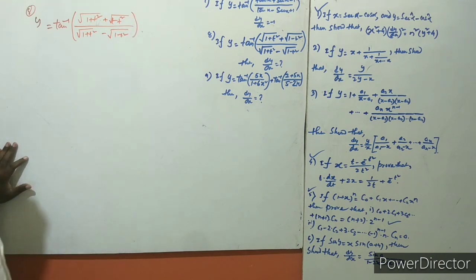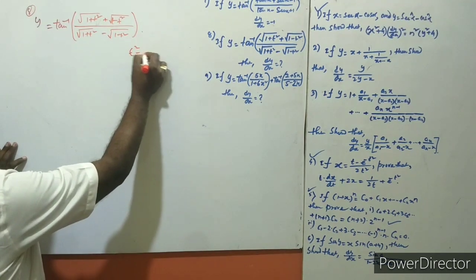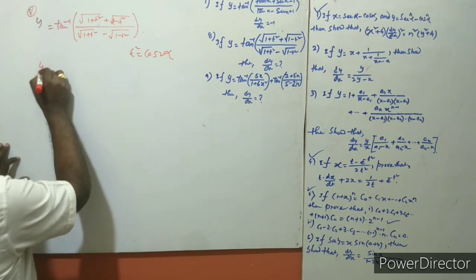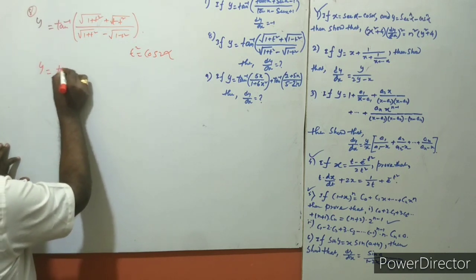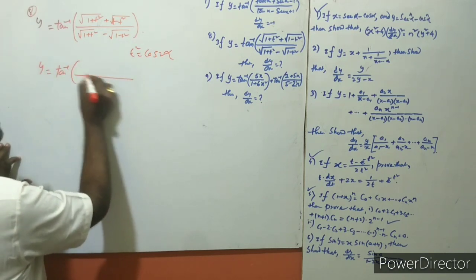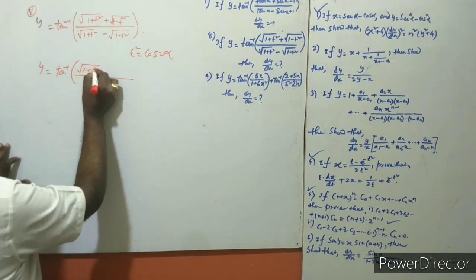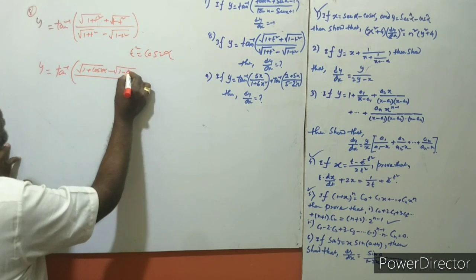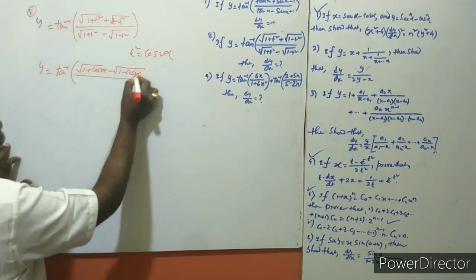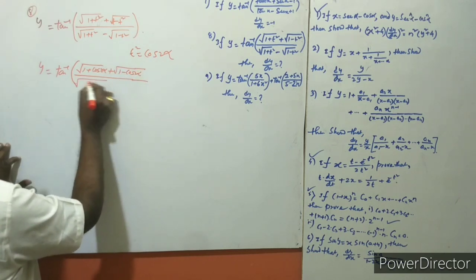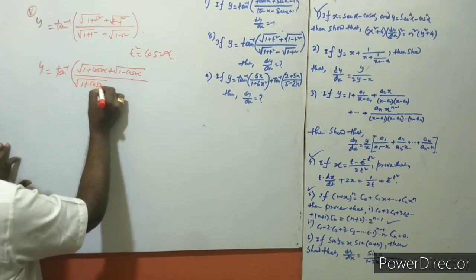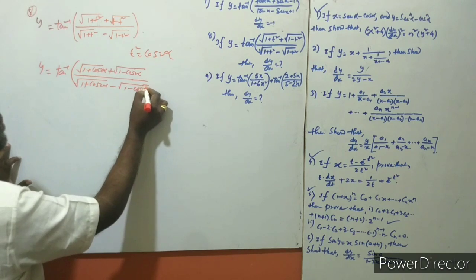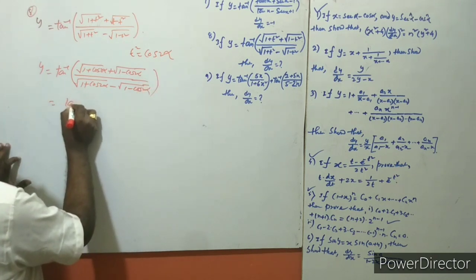So let us assume t square as cos 2 alpha. Then tan inverse of root over 1 plus cos 2 alpha, plus root over 1 minus cos 2 alpha, over root over 1 plus cos 2 alpha minus root over 1 minus cos 2 alpha. This is here tan inverse.